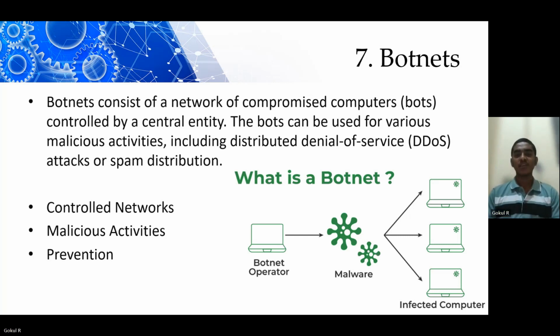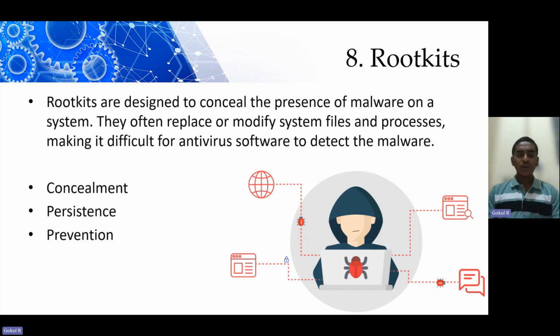The next one is rootkits. Rootkits are designed to conceal the presence of malware on a system. They often replace or modify system files and processes, making it difficult for antivirus software to detect the malware. What is the rootkit doing? Concealment. It conceals the presence of malware by modifying or replacing system files and processes.